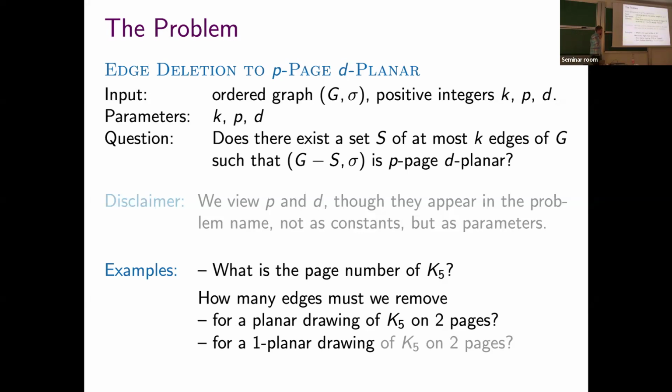So how many edges do we have to remove in order to get the drawing on 2 pages? Well, none, of course, because the drawing that Piotrek was thinking about has only 1 crossing, and then this is a 1 planar drawing.